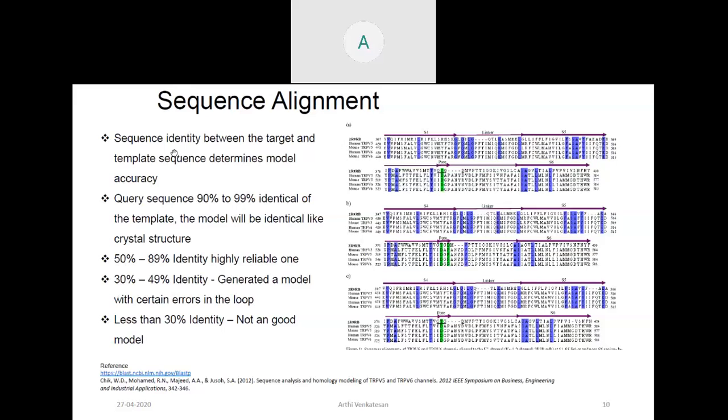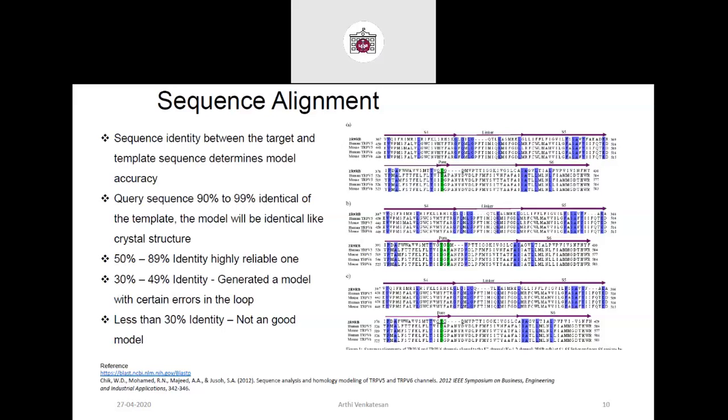Here, some confusion might arise with three terms: query sequence, target sequence, and template. The query sequence and the target sequence are the same term, right? Yeah, exactly.